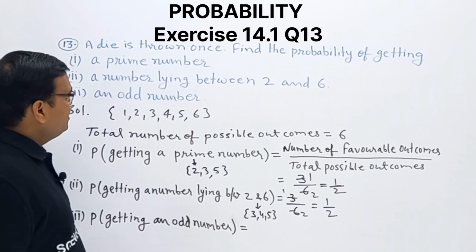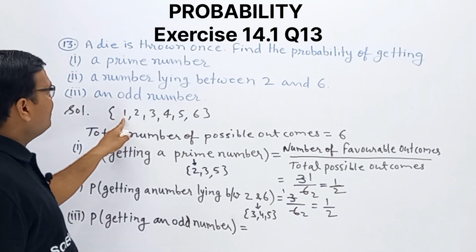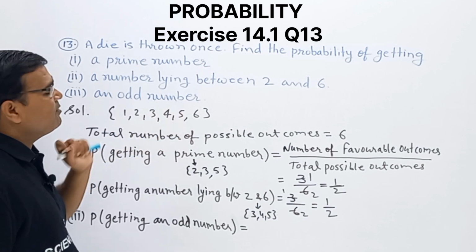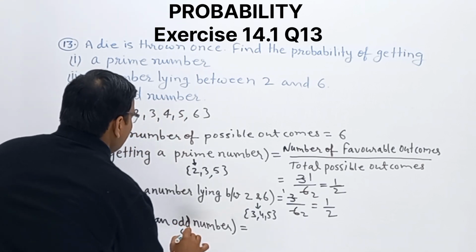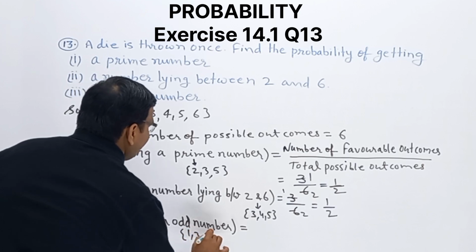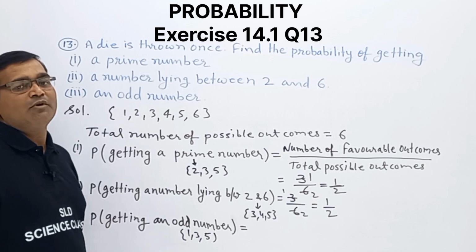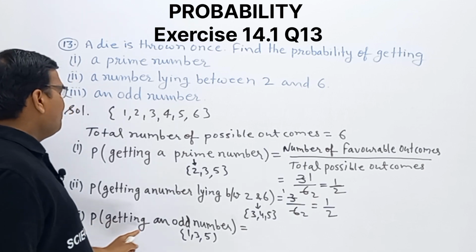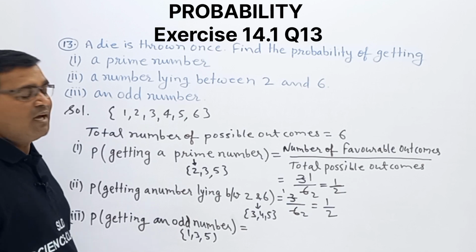Out of these 6, how many odd numbers do we have? 1 is odd, 3 is odd, and 5 is odd. So we have 3 odd numbers: 1, 3, 5. The remaining 2, 4, 6 are even numbers.